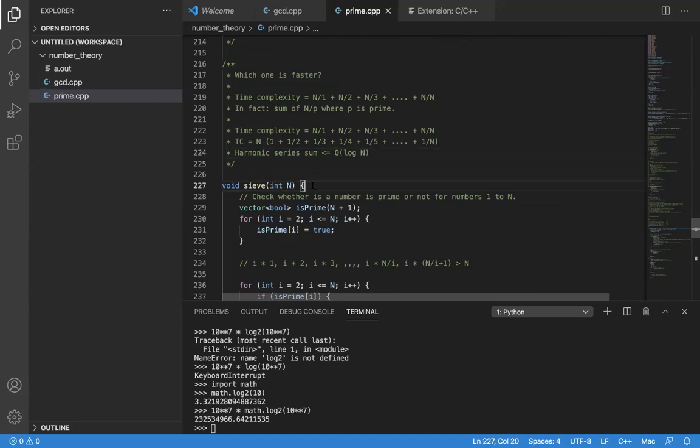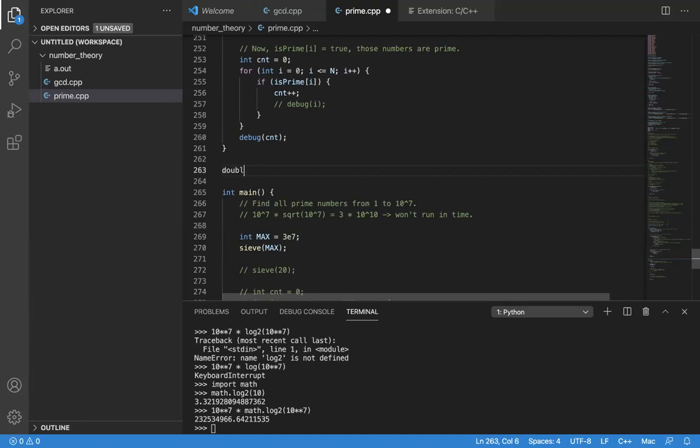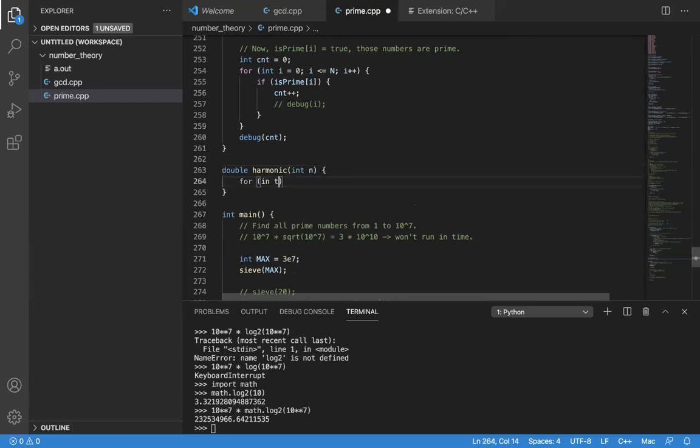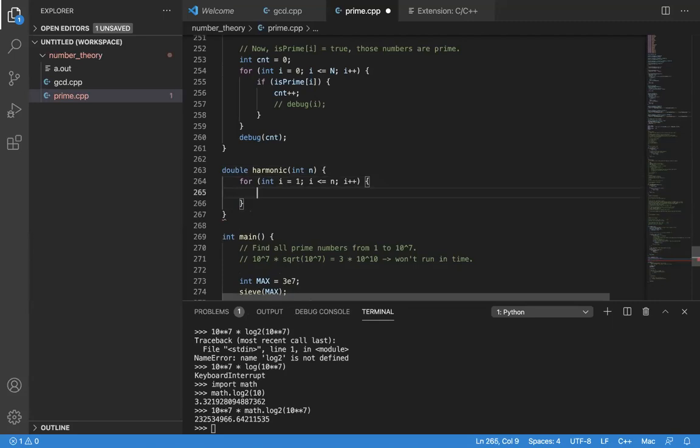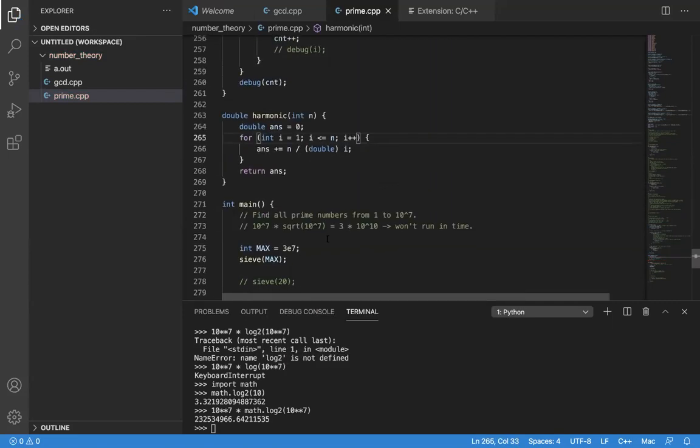If you try a very large n, let's try this out. double harmonic(int n): for i equal to 1, i less than n, i plus plus, answer plus equal to n by i. Let's take it double, and let's say double answer equal to 0, return answer. And let's try finding what is harmonic of 10 power 9. We will get an idea of how large is this number.